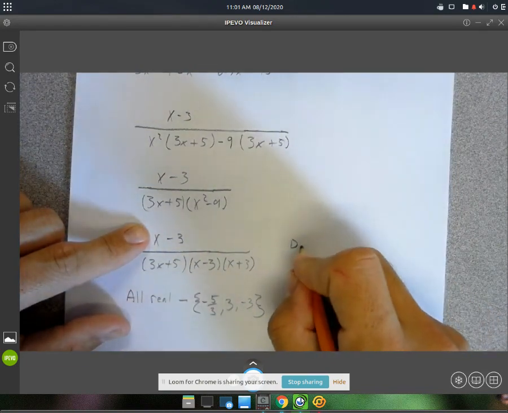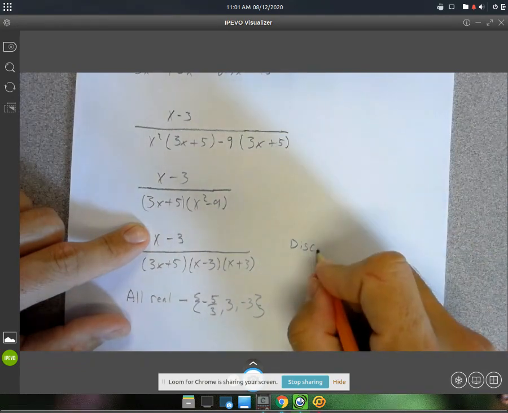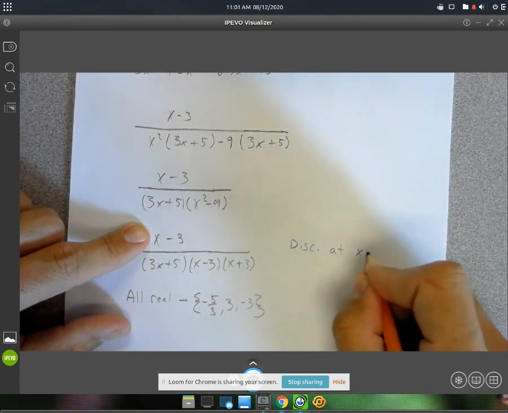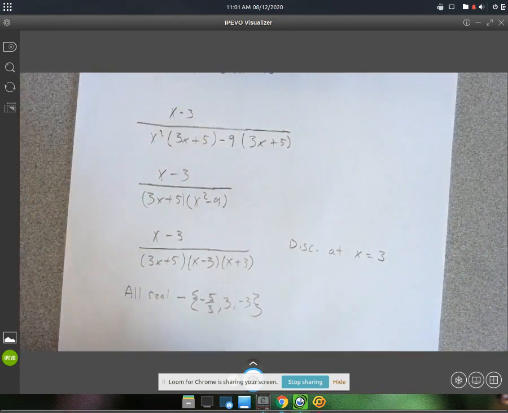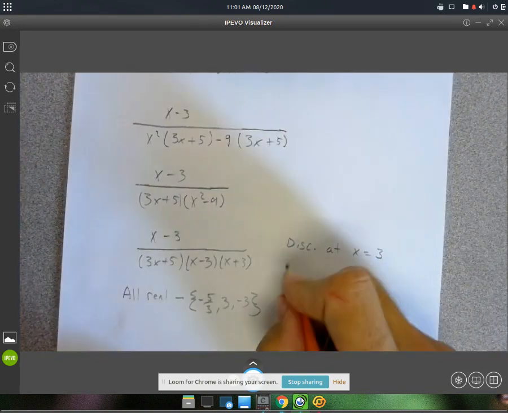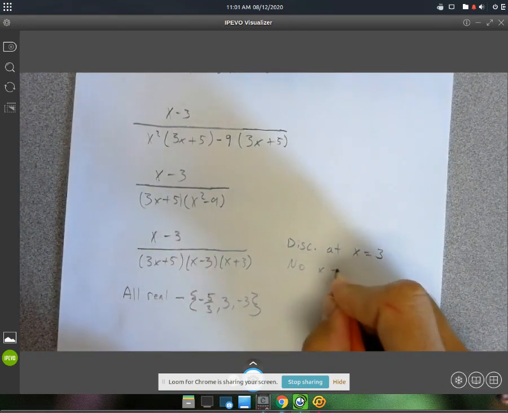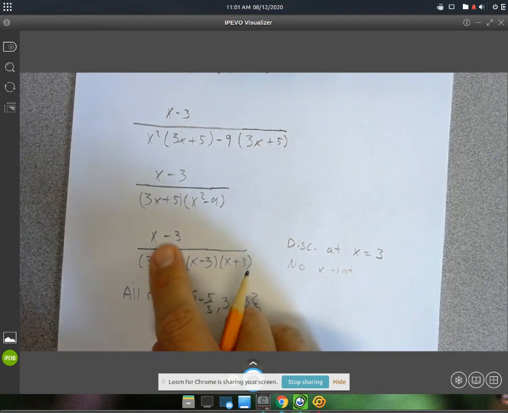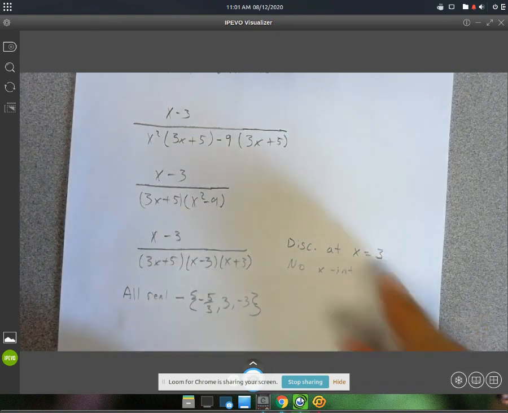So we'll have a discontinuity at x equal 3. So no x-intercepts. That was our only hope for having an x-intercept, but because we have a discontinuity there, there will not be one.